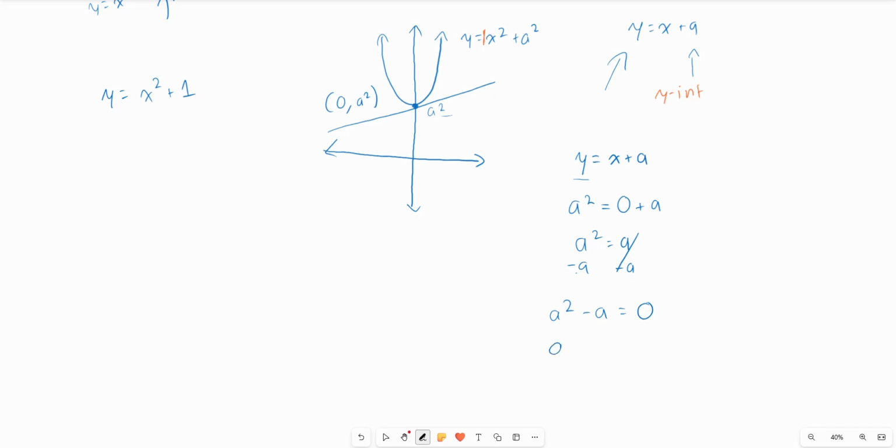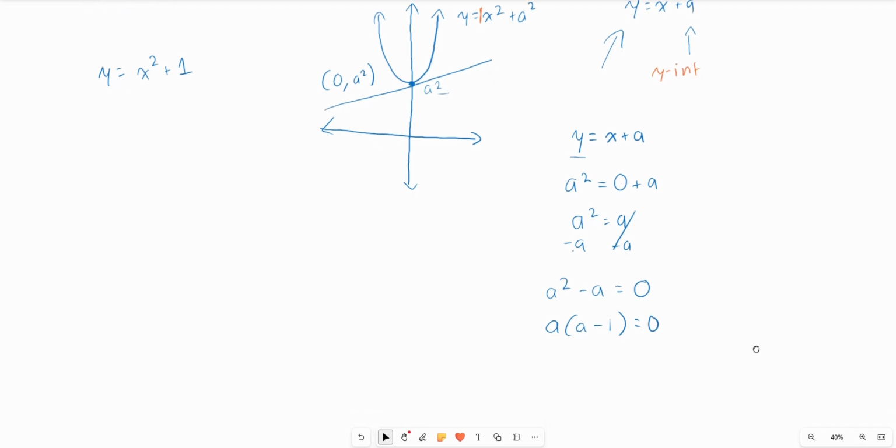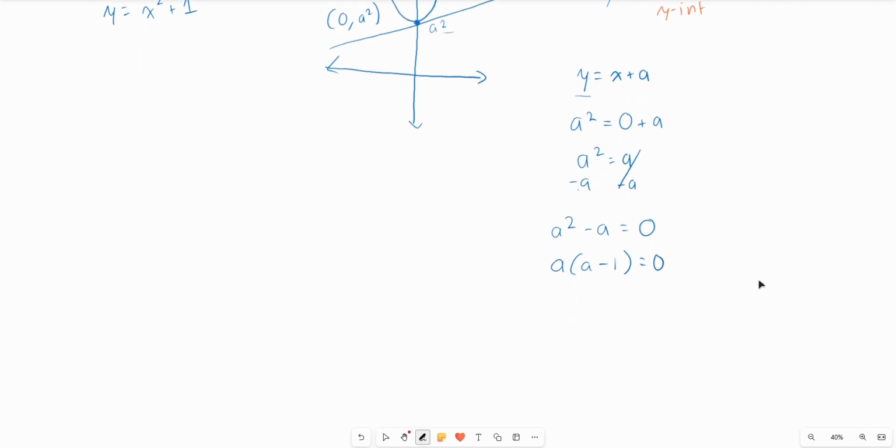And factor out an a, so then we use the zero product property, which basically shows us that a is either equal to 0 or a is equal to 1. And those are our answers. If you don't understand why I use the zero product property, it's because we want both the a and the a minus 1 terms to multiply to 0.